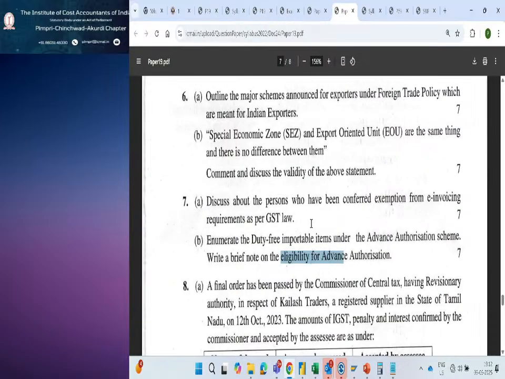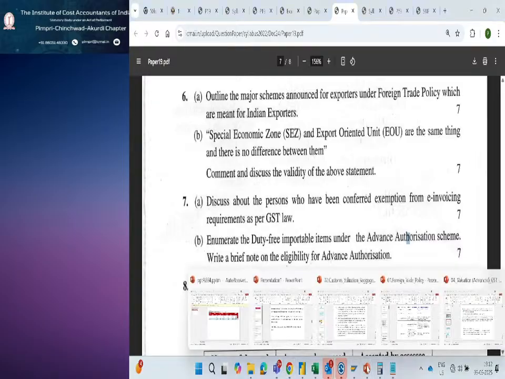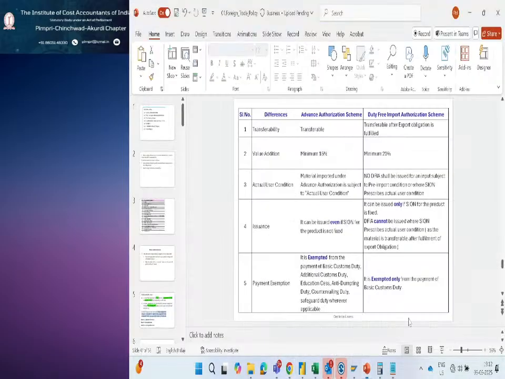Now there is one more question related to special economic zone and export oriented unit. This is also very simple. I have taken it from our study material only, and if you feel this slide is okay, then I will share it after this session.